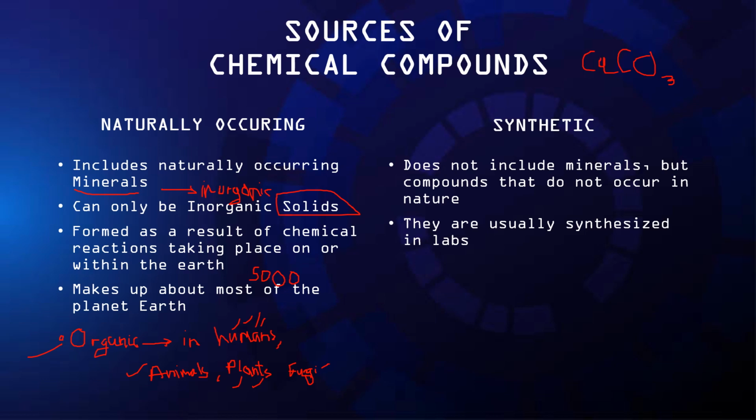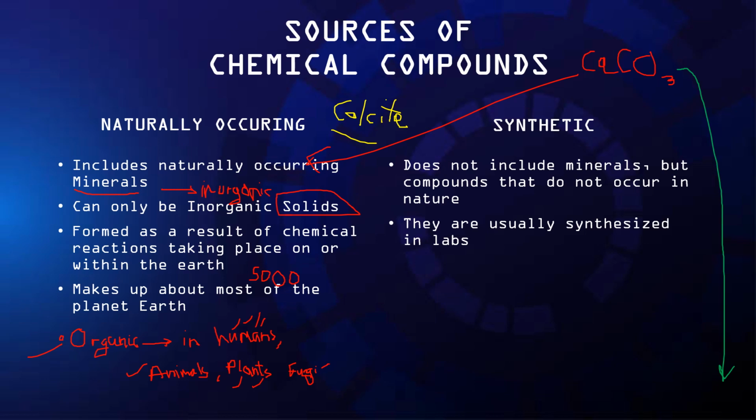If we want a naturally occurring CaCO3, we'll go to a mineral called calcite. So this is a natural source of CaCO3, a mineral called calcite. But if we want to make it synthetically in a laboratory, what can we do?